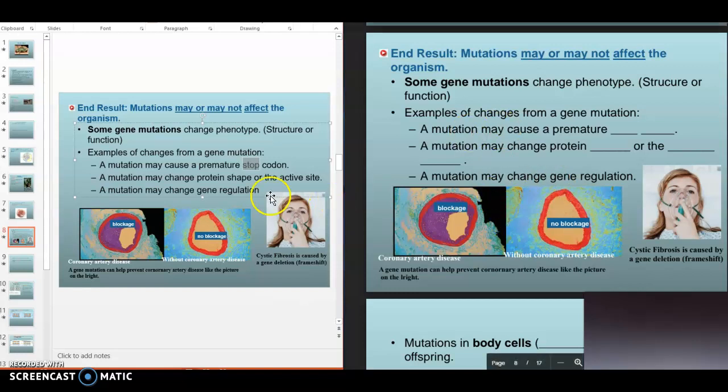An active site. So this one here, where it's talking about a mutation may change the protein shape, or the active site. The active site is the part of the enzyme that attaches to the substrate. So this part here, my right fist here, was the substrate. So we'll say this was lactose. This is the example I gave in class. So this would be lactose. And this is the enzyme over here.